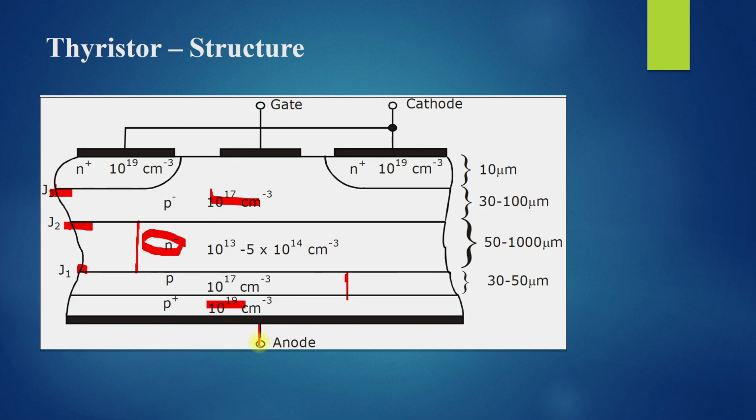Here we provide the anode terminal, cathode terminal, gate terminal, cathode terminal. As I told you in the earlier slide, this N layer is notched into the P layer. So we divide this N layer into two parts, and we join these two terminals and make the cathode terminal. So this is the basic cross-sectional structure of the thyristor.